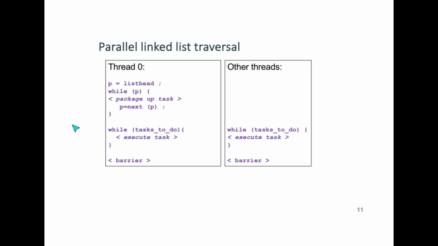Okay, so in principle, this is all up to the runtime, so we have no control over what happens here. So all we know really is that by the time we get to the end of the parallel region, we know that all those tasks have been generated and they've all been executed.